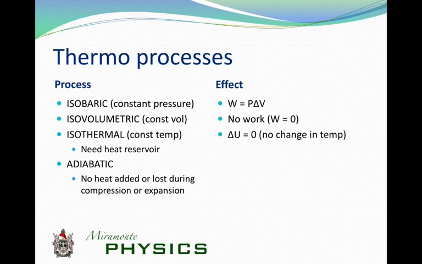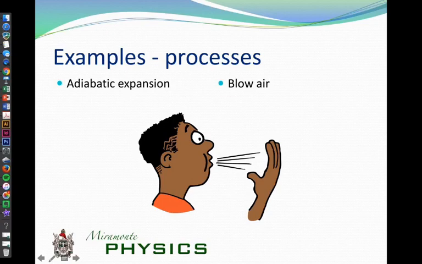Often when you take a piston and you squeeze it really fast, you could do an adiabatic process. It's not a constant pressure process, but it happens so fast that heat is not allowed to escape. In that case, we say that Q is equal to 0. So in each of these four types of processes, we have special considerations that allow us to think about solving problems with the first law of thermodynamics.